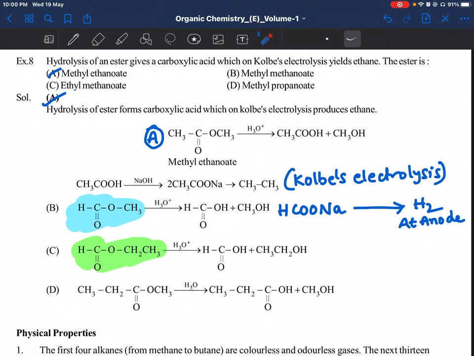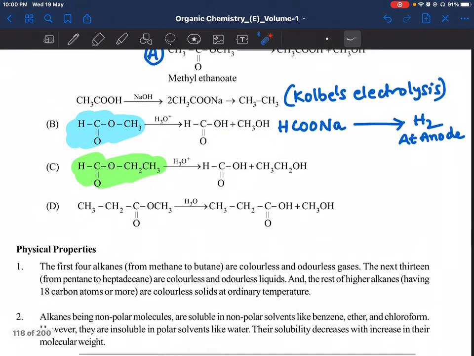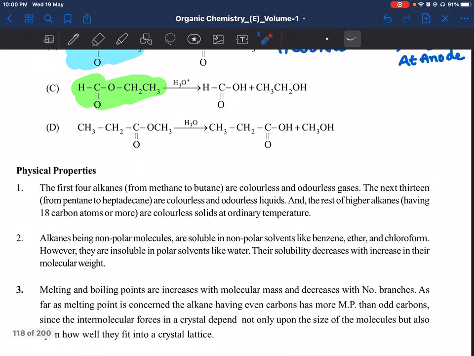And next, option D is given: methyl propionate. When it undergoes acid hydrolysis, we get propanoic acid.